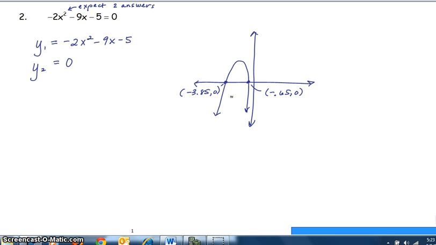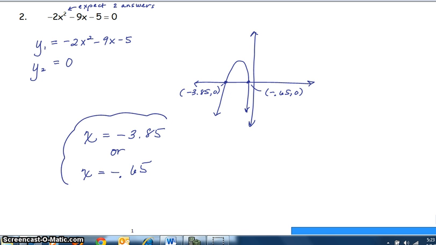I've remembered to round to the nearest hundredth. Now I have to state my solution. I want only the x-coordinate. So x could equal negative 3.85, or x could equal negative 0.65. So I expected to get two answers, and I found them. They would be the solutions to this quadratic equation.